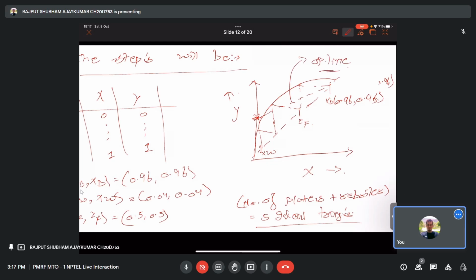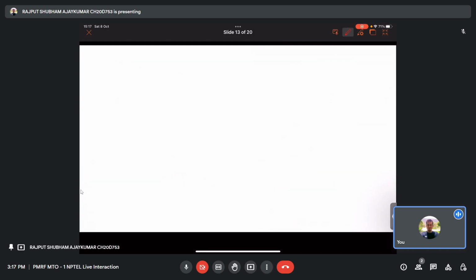So by drawing a bunch of the operating lines, evaluate the integral of the following equation either numerically or graphically to get the total number of moles of vapor generated. So what you have to do is use this equation, and this is a much more tricky equation.